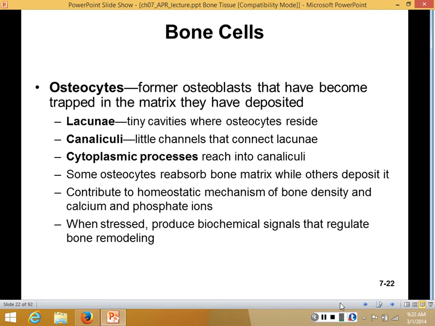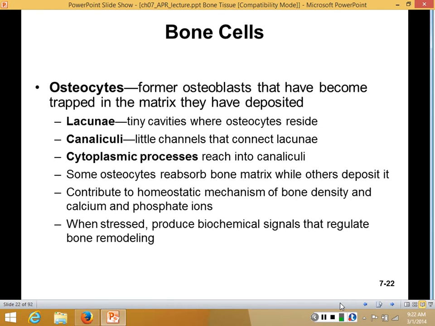If you take a section of our bone and cut it open, it's going to look just like that picture in your lab manual. Canaliculi are thin projections that run from one osteocyte to the next, kind of like a gap junction, connecting the lacunae, and you have cytoplasmic processes that reach into the canaliculi as well.